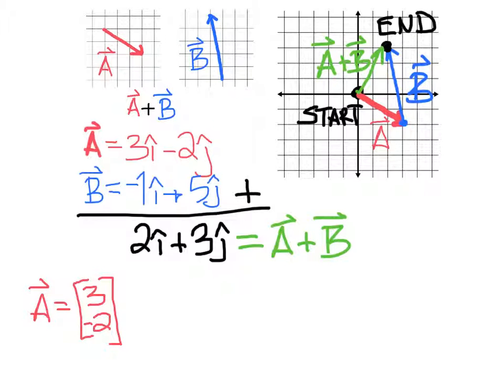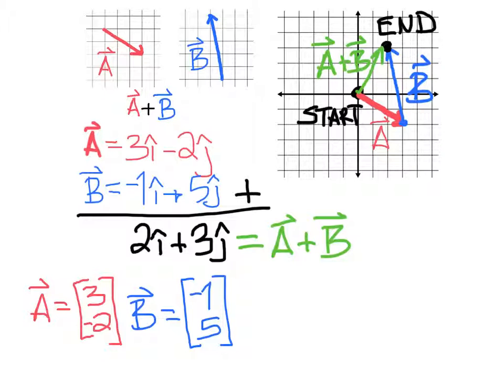So in this notation, the top number always represents the x, or the i hat component, and the bottom number always represents the y, or the j hat component. We can do the same thing for B. As I'm sure you've guessed, B will be negative 1 up top, 5 on the bottom.